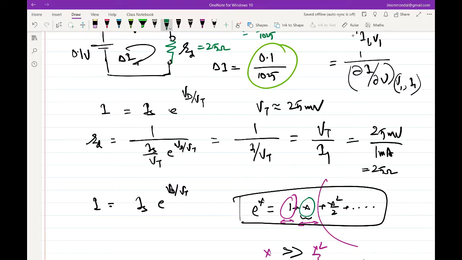Then I subtract the original from the original network, and I end up with a perfectly linear incremental network. Now we can use all our linear circuit analysis tricks, KVL, KCL, whatever, with all linear elements, and go ahead and solve. That's the motivation behind neglecting higher order terms.